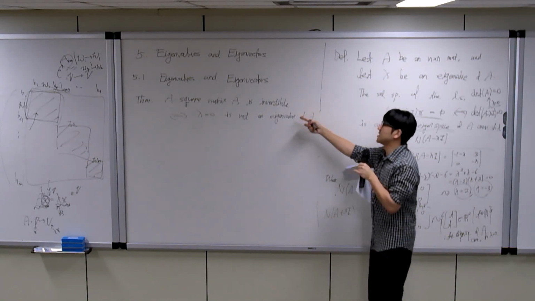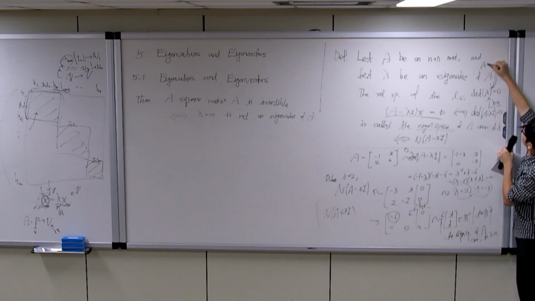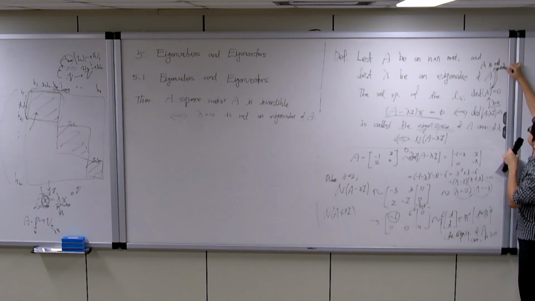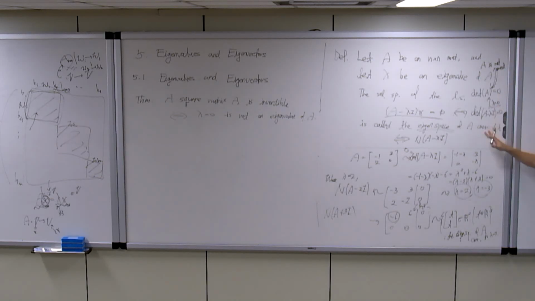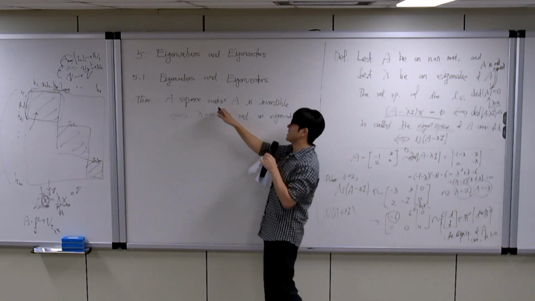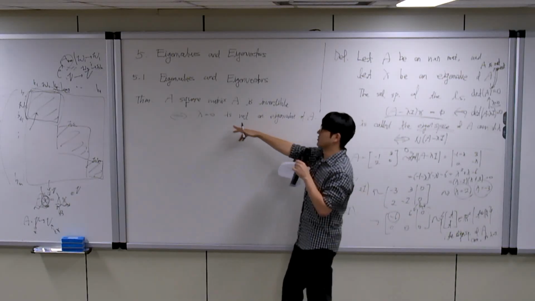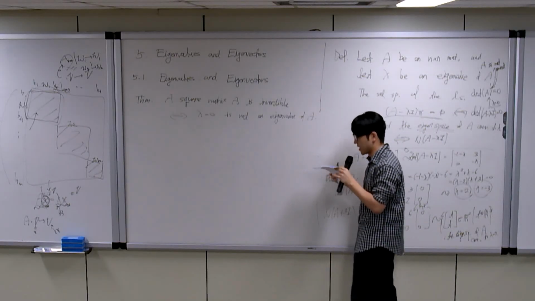So if A is invertible, that is the converse notion, because determinant of A being 0 means A is not invertible. So if a square matrix A is invertible, that is equal to lambda is 0 is not an eigenvalue.